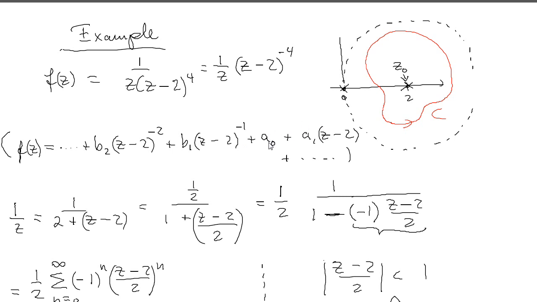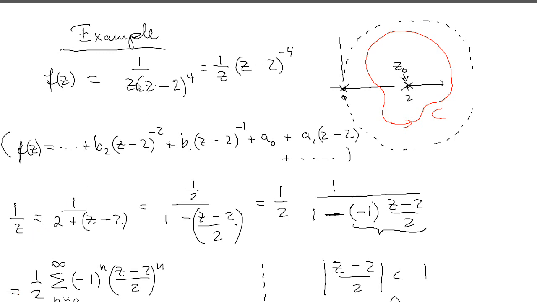We have all these an coefficients and all these bn coefficients here, this principal part of the Laurent series. And we are now interested in finding this coefficient. So let's first find the Laurent series of this function.